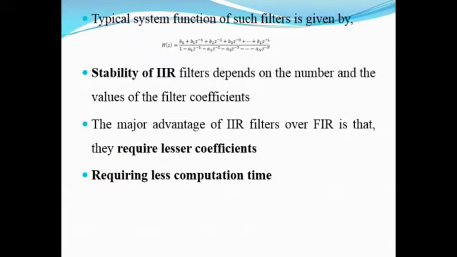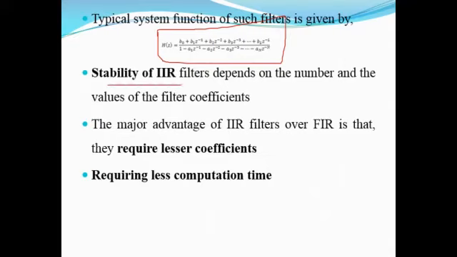Then the typical transfer function of such filters is represented by H(z) = (b0 + b1 z^-1 + b2 z^-2 + b3 z^-3 + ... + bl z^-l) divided by (1 - a1 z^-1 - a2 z^-2 - a3 z^-3 - ... - an z^-n).